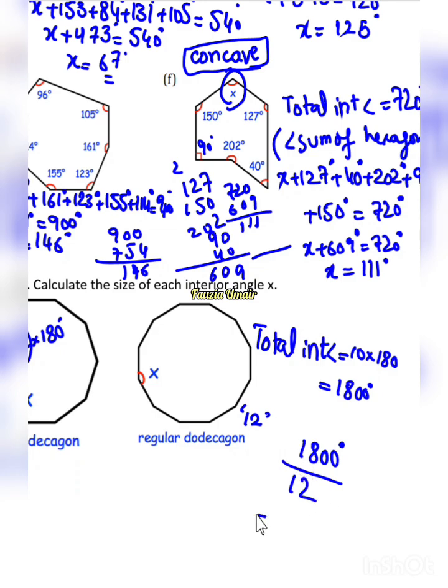So if I divide it with 3, 3 6s are 18, 600, and the one interior angle in this figure is 200 degree. So this is quite surprising.